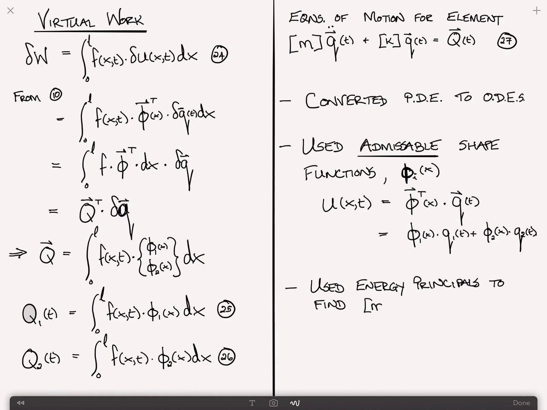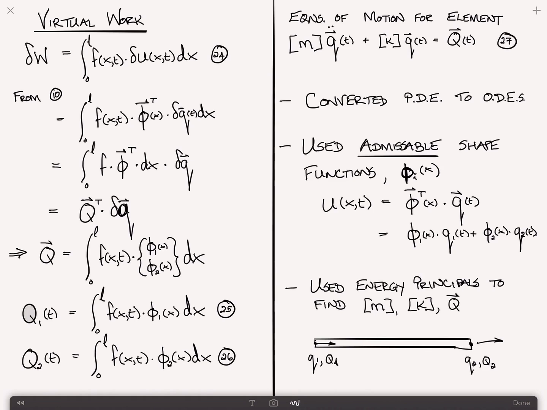So M, K, and Q. And instead of a bar, we now have an element that looks like this: nodal coordinate q1 with force Q1 applied there, and nodal coordinate q2 and force Q2. This looks like this.